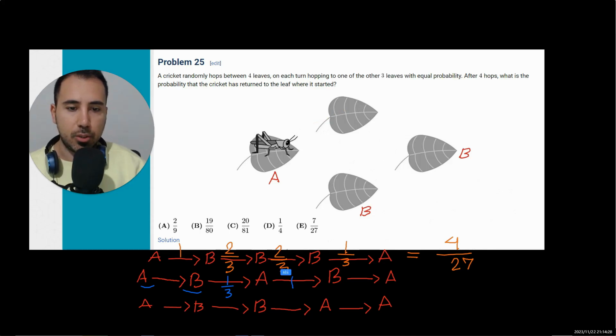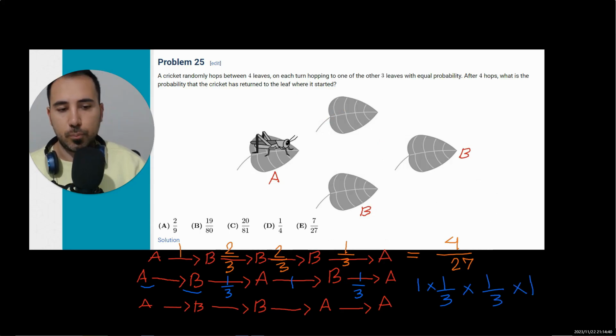From B to go to A, it was 1/3. And from B going to A is again 1/3. So it will be like this: 1 times, I don't have to write the 1s here, it's a waste of time. I'm just writing this to show you. So the probability of the second one happening is 1/9. Let me write it here.